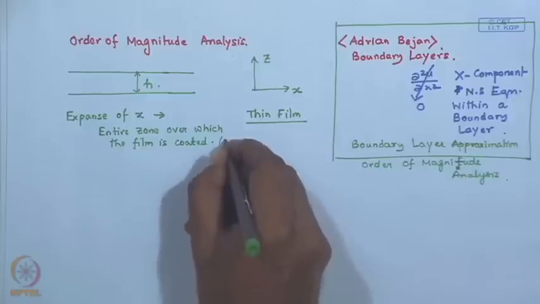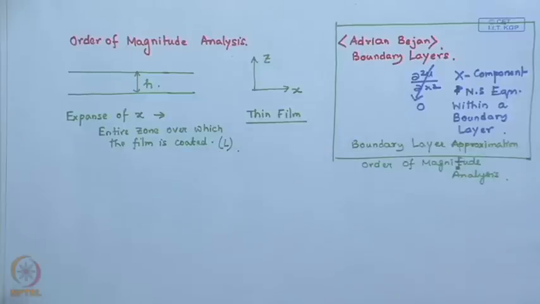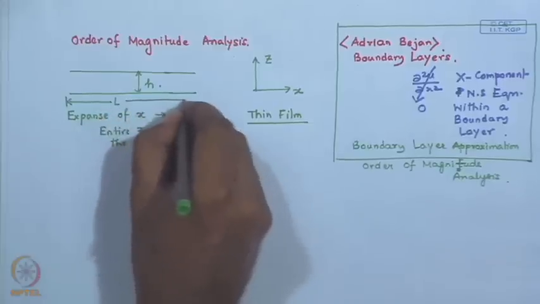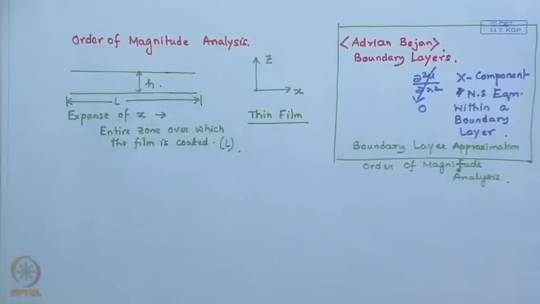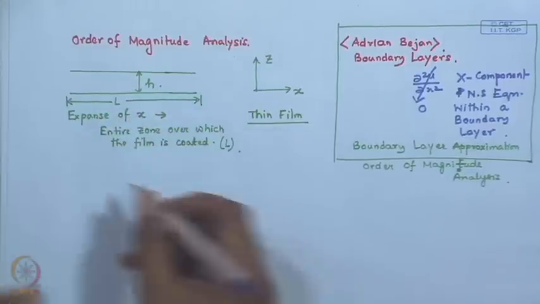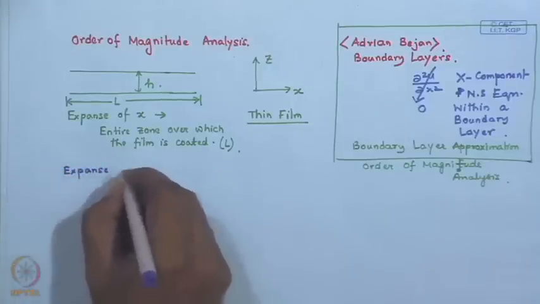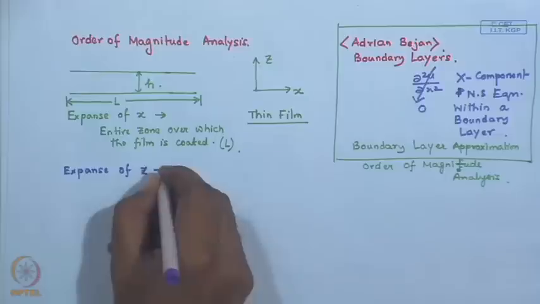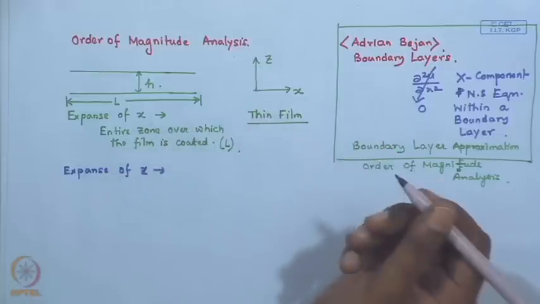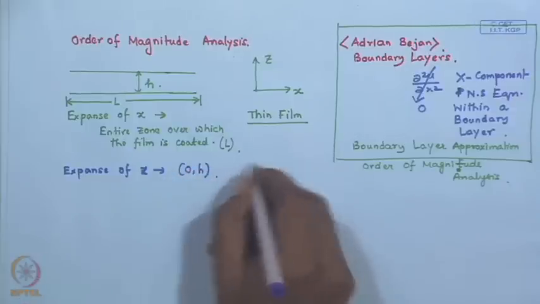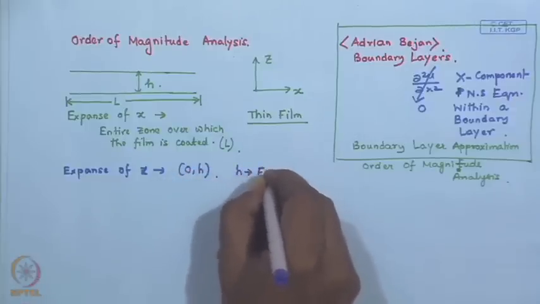Let us say this is of the order of L. L is some sort of a length. In contrast, the expanse of z stretches only from 0 to h, and h is the film thickness.